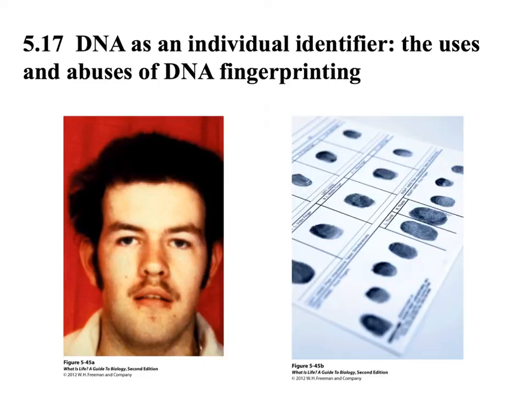One of the first cases where DNA evidence was used to convict a criminal was back in 1987. Colin Pitchfork murdered and raped two young 15-year-old girls. He nearly got away with his crimes because someone else confessed to the murder.